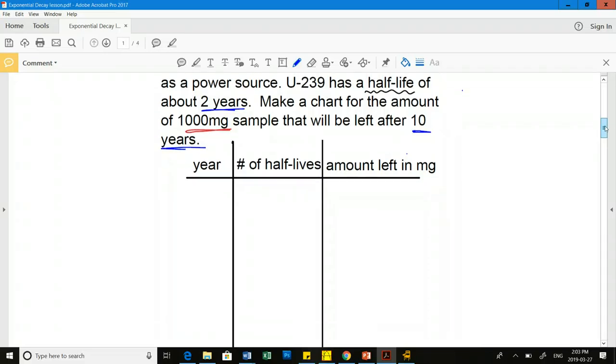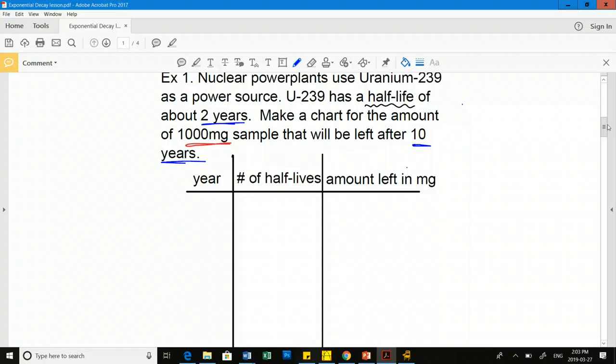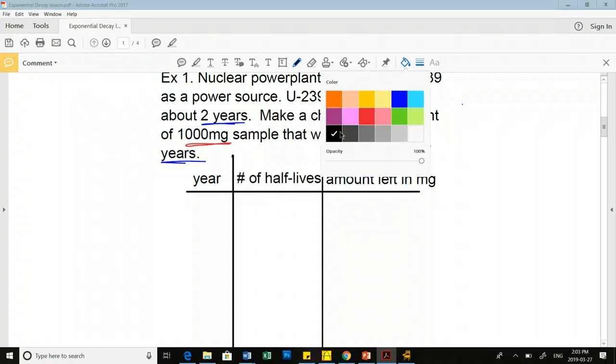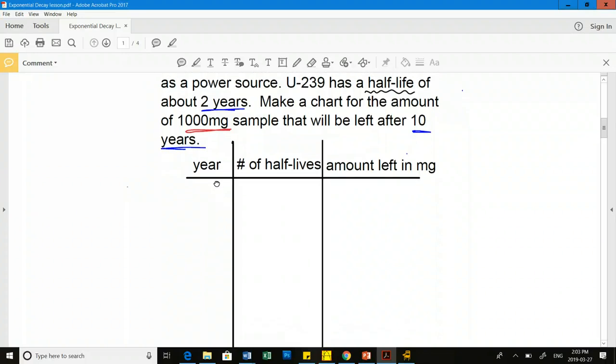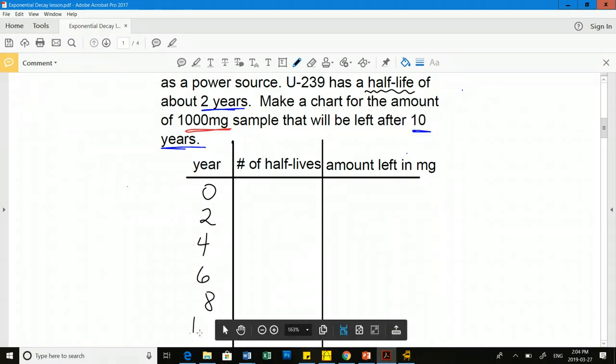Because it's being cut in half every 2 years, I'm going to have my years go by 2's here, just so we can track that way. So we're going to do year 0, the initial value that we have, and then every 2 years from there, 2, 4, 6, 8, and up to 10.